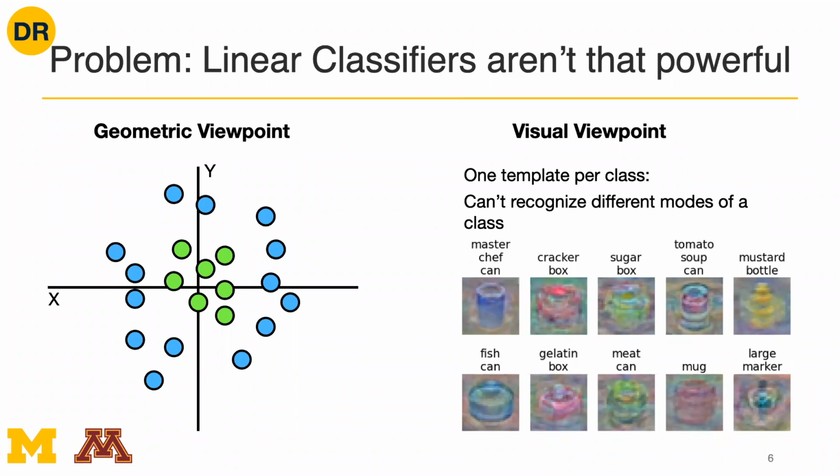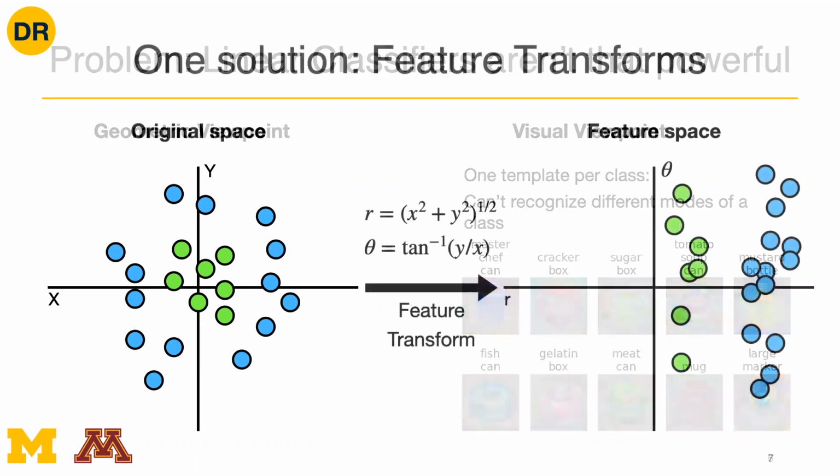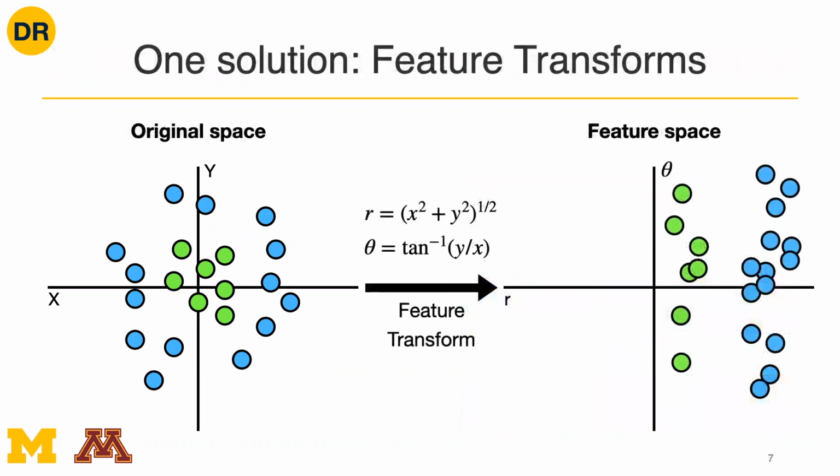One solution before we jump onto neural networks is to think about how we can change the input space. One way to do that would be using feature transformation. For instance, let's say you thought about this problem and came up with the solution of transforming this input into polar coordinates, so Cartesian coordinates to polar coordinates, where these data points could be linearly separable, as you can see here.